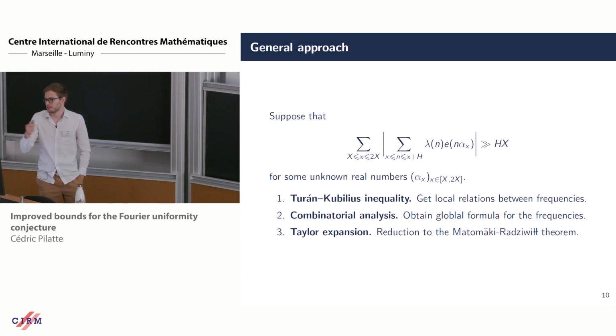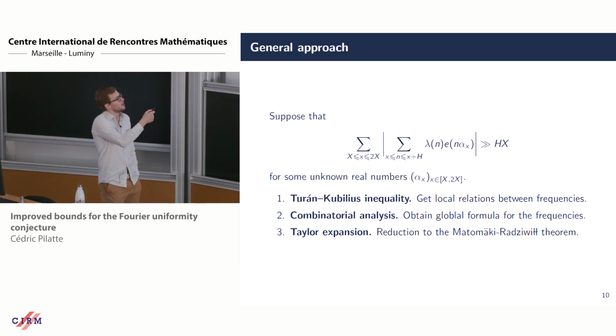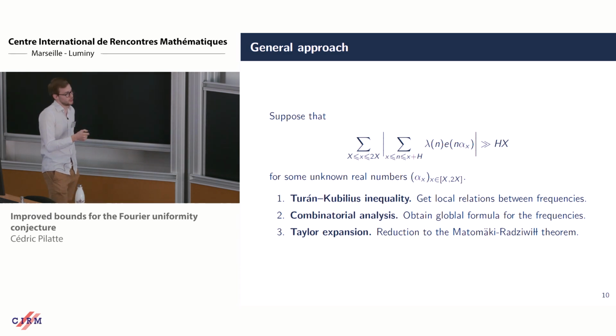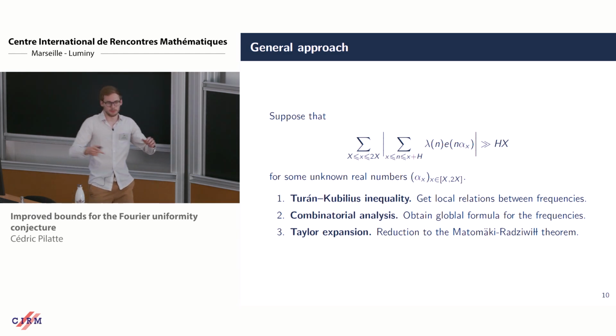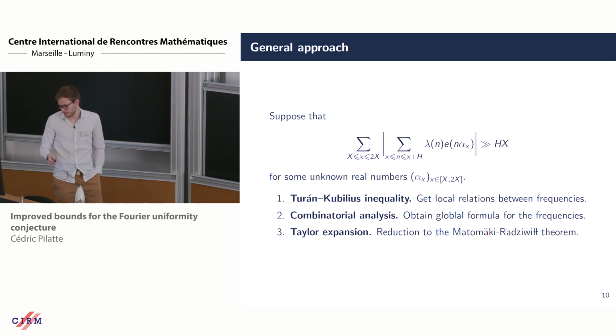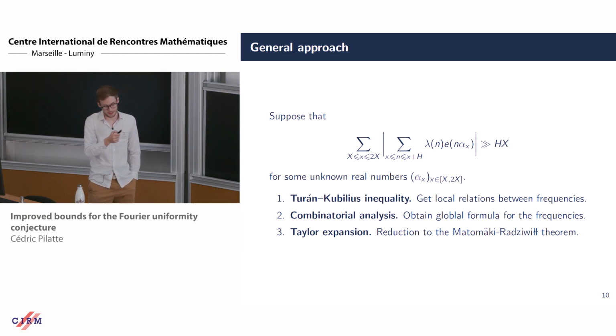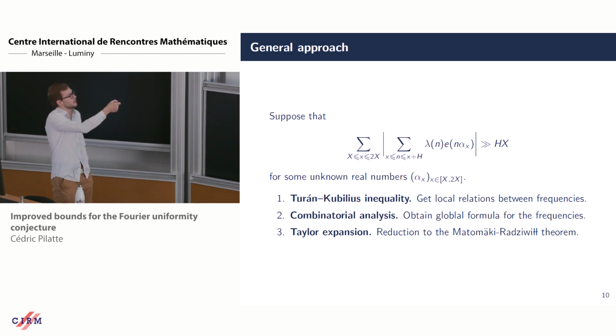Then you have to do some complicated combinatorial analysis to leverage these local relations and hope to get a global formula for what alpha_x is. And then with some simple Taylor expansion, you are reduced to the Matomäki-Radziwiłł theorem, which is basically the case where alpha_x is, for example, a constant or a known function of x.